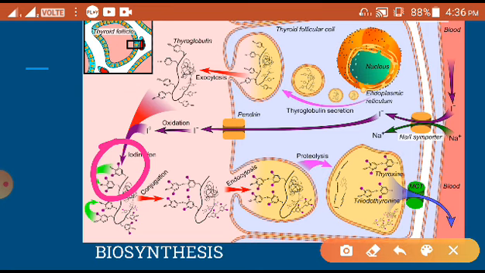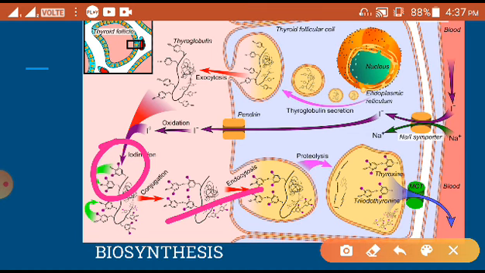After the conjugation, the iodinated thyroglobulin will now be endocytosed again. Once the thyroglobulin produced by the follicular cells has been thrown out, after iodination it is again taken in. It is like when somebody is fishing: they throw the net, and when the fish has been caught, they take it back with the fish.